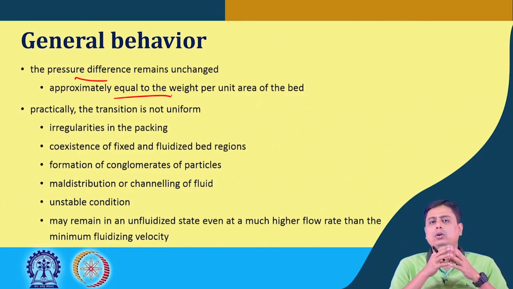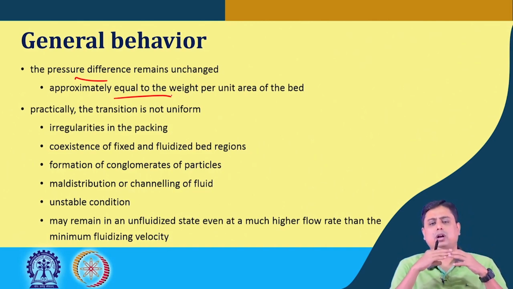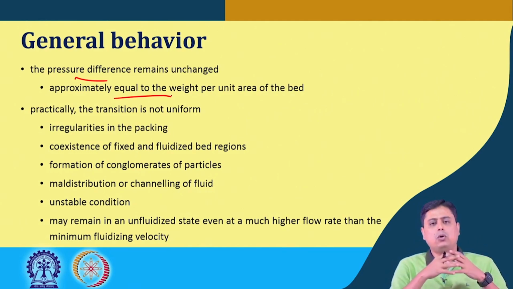Okay, so it would not pass through where there is minimum voidage. It will try to go through the maximum voidage spaces, and if this voidage distribution is not uniform, that leads to the channeling or the maldistribution of the fluid, and that again takes the whole problem to another complicated level.